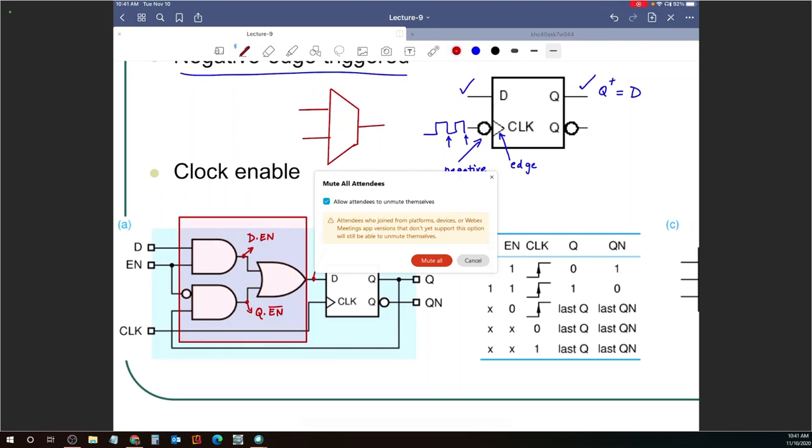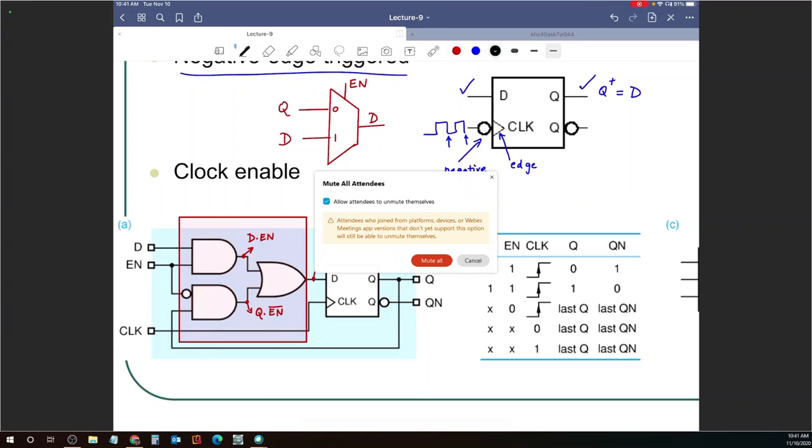So what is my output? My output is actually just D, because that is driving the D flip-flop. What is my control input? My control input is essentially enable, the select input. And when enable is 0, Q goes through, and when enable is 1, D goes through, right?